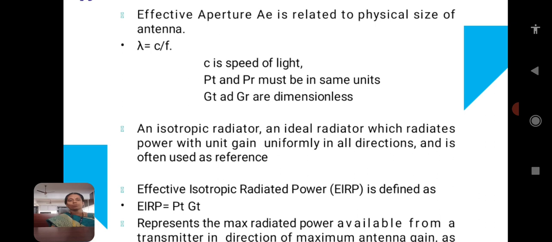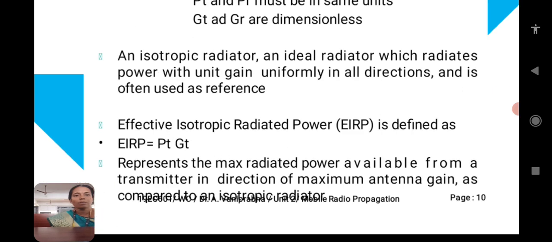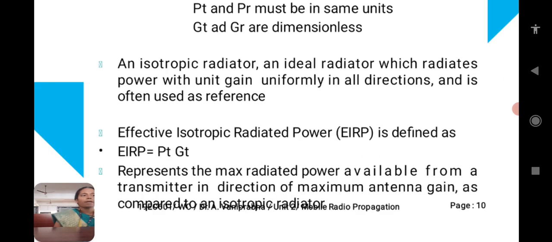Effective isotropic radiated power, named EIRP, is defined as the product of the transmitter power and the gain of the transmitting antenna. This represents the maximum radiated power available from a transmitter in the direction of maximum antenna gain as it is communicated towards the receiver.